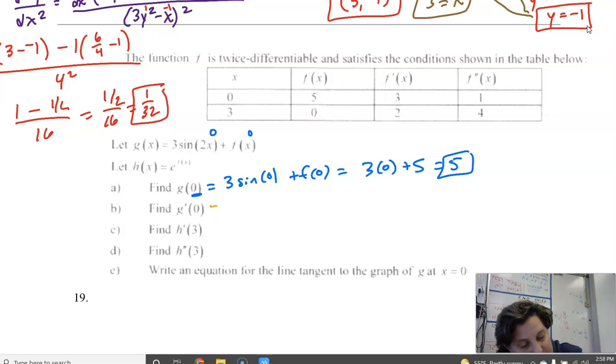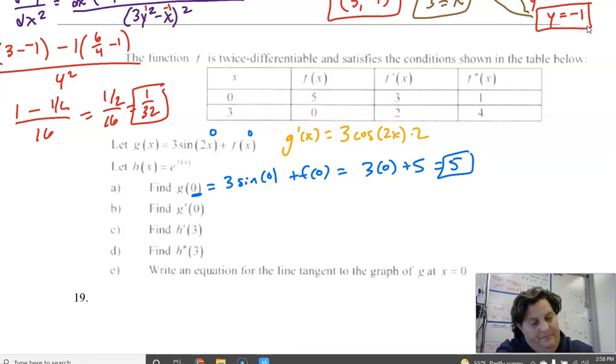Well, let's find the derivative of g. Let me actually write it up here. Okay, it's going to be 3 times the derivative of sine, which is cosine of 2x, times 2, and then f prime. All right?